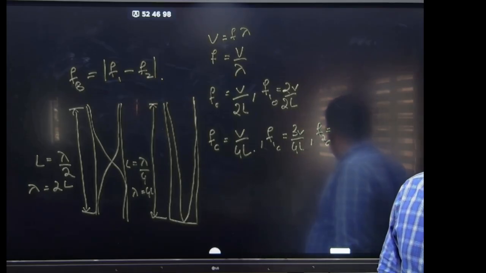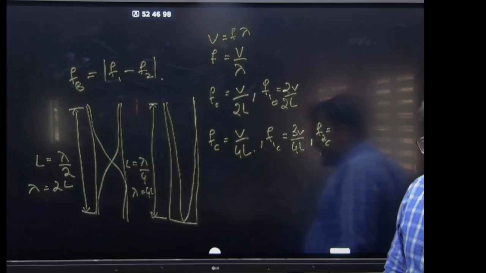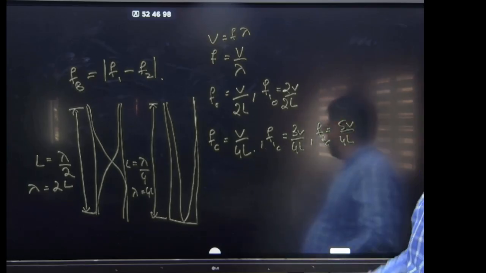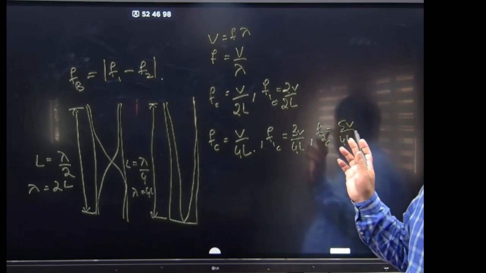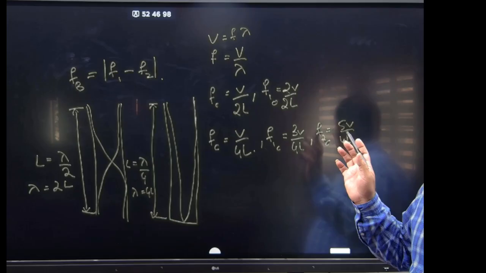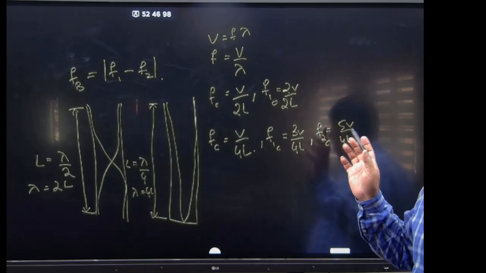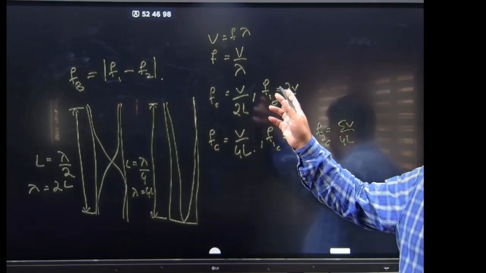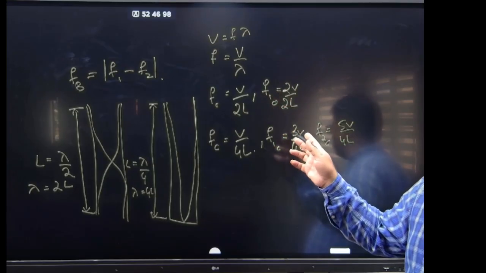What is it called? Second overtone. That is equal to 5V by 4L. So which harmonic is it? This is third harmonic, this is second harmonic, because here n equals 2, here n equals 3.